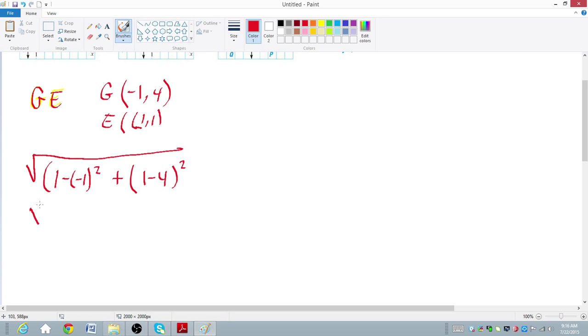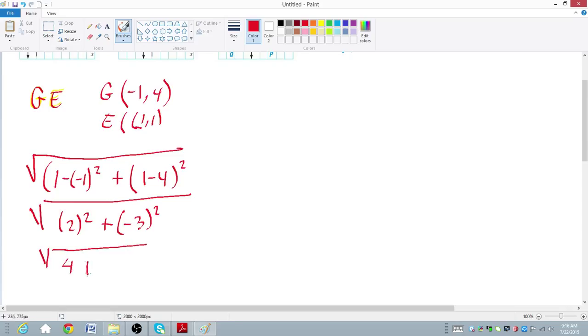Now work it out. Square root of 1 minus -1, that's a plus 1, so that'd be 2 squared, plus 1 minus 4, that's -3 squared. That'd be the square root of 4 plus 9.